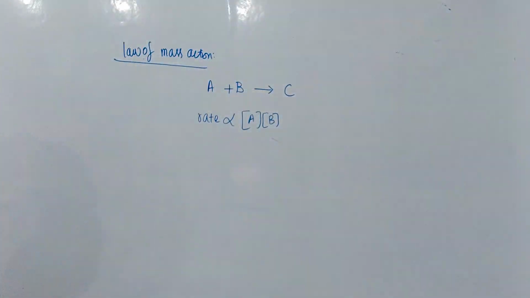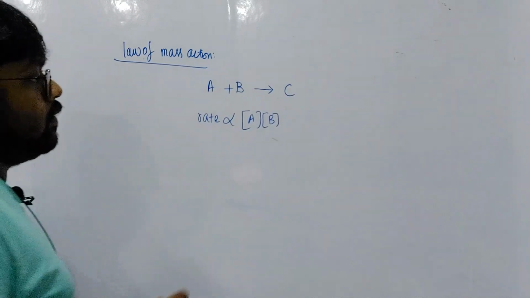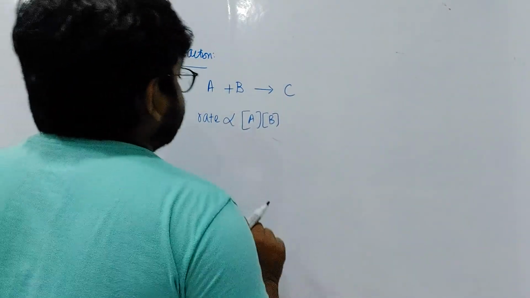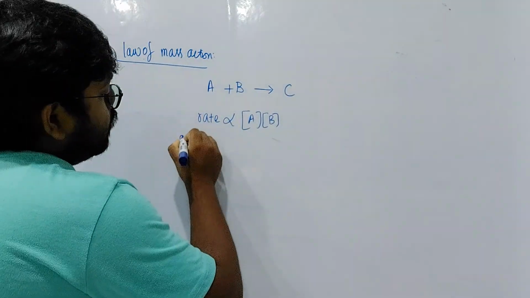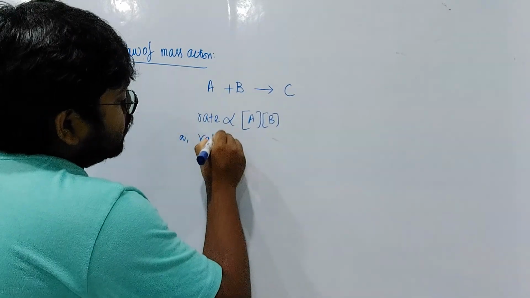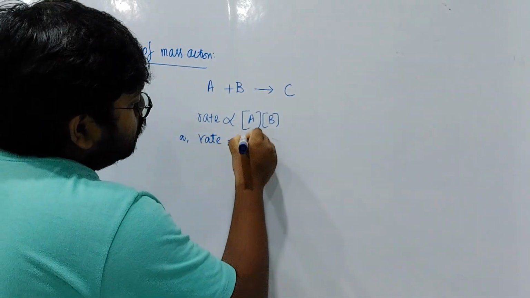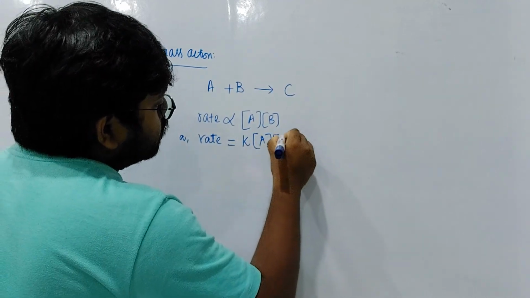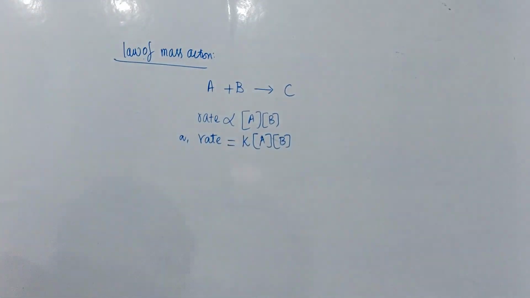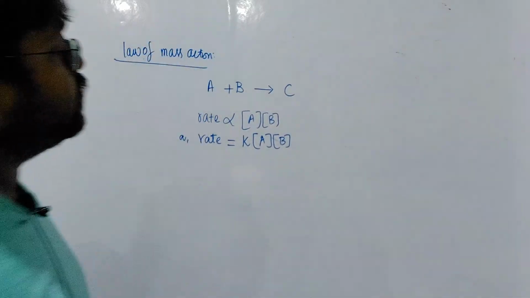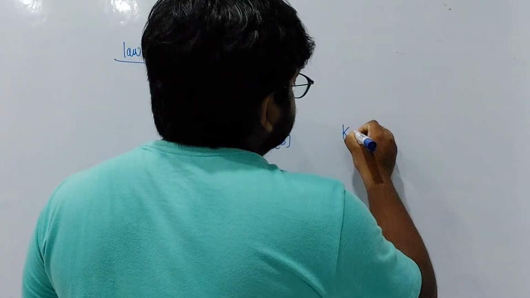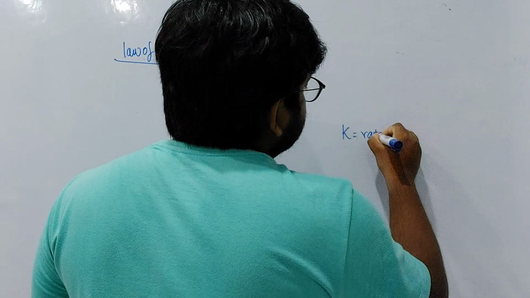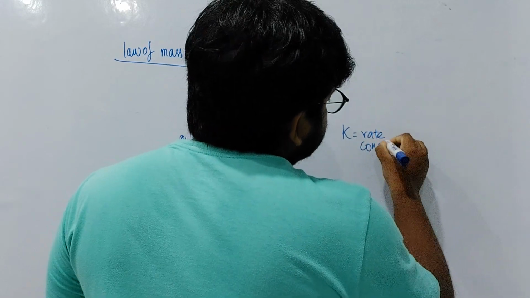Now there is a proportionality sign. We can remove that proportionality sign, so rate is equal to some constant times concentration of A times concentration of B. Now the constant that I have written here is known as the rate constant. K is the rate constant.